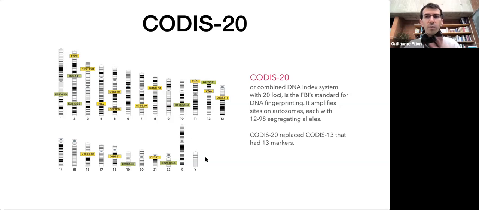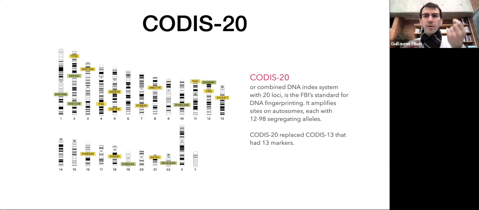They stay away from the X and the Y because that'd be confusing. So they have special techniques to assay the X and the Y chromosome, so it's on purpose that they're not putting anything on the X and on the Y. Okay, so that's the system that is used by the FBI, but also by other institutions on the planet to be able to tell what a piece of biological material, who does that belong to.